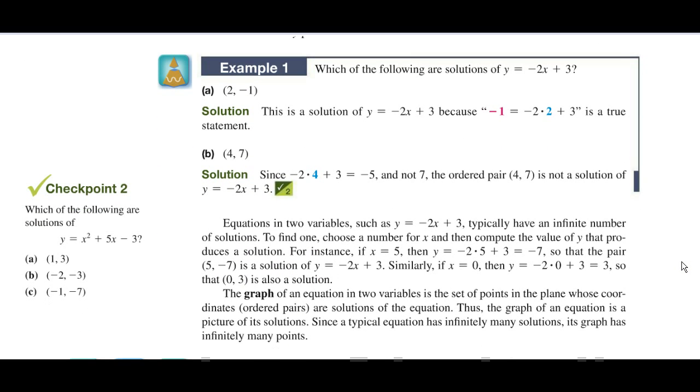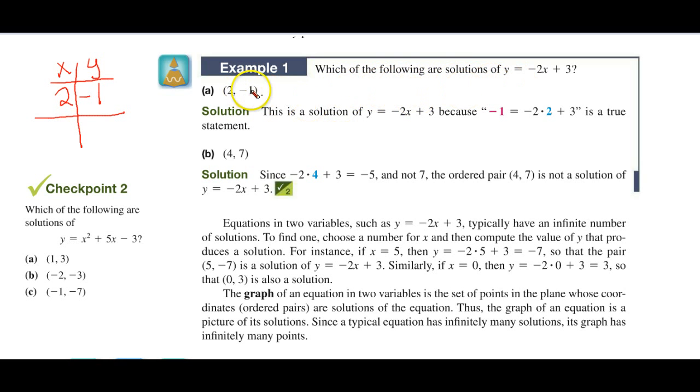Let's look at example 1. Which of the following are solutions of this equation? Again, recalling items that we did in the past might be useful. We said a t-chart is often useful. We're wondering whether (2, -1) is in fact a solution for this equation. How do you do that?